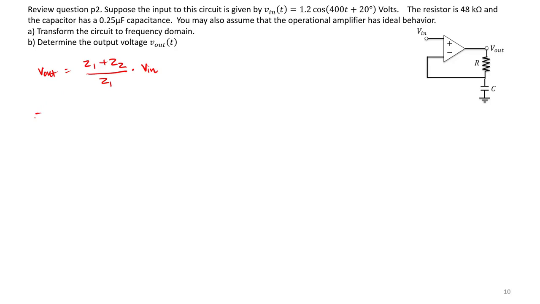So if we math that through, up top we have negative j 10,000 plus 48,000, divided by negative j 10,000, times our Vin, which is 1.2 angle 20 degrees. And units here are volts and ohms.